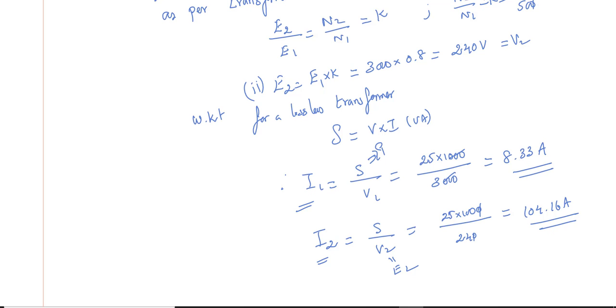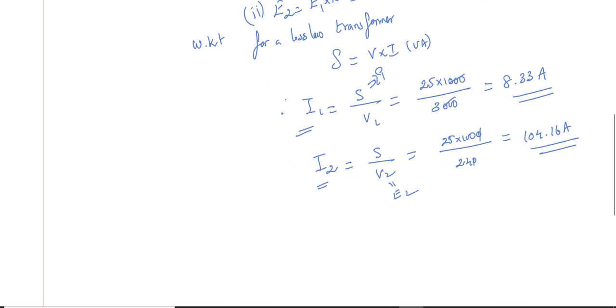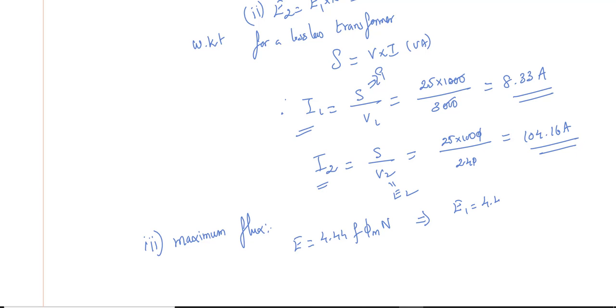Then the third one, the maximum flux. We know that E is equal to 4.44 F phi m N. For E1, it is 4.44 F phi m N1, and for E2, it is 4.44 F phi m into N2.